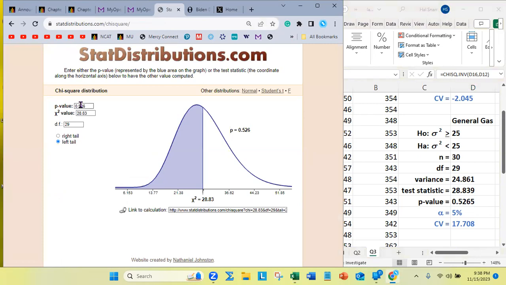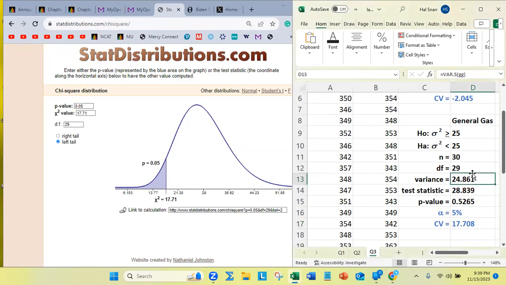Now, let's go back to the significance level of 0.05. So this right here, our significance level is 0.05. So this area is our significance level. If our chi-square test statistic is under the blue area, then our ratio is going to be less than the degrees of freedom, or I should say less than 1.